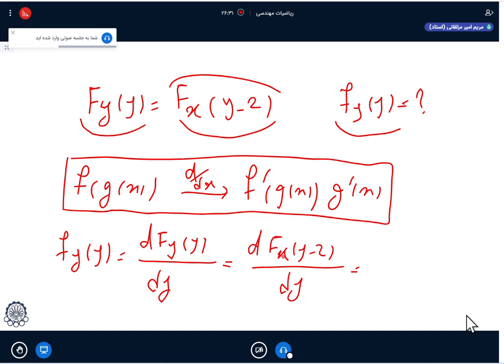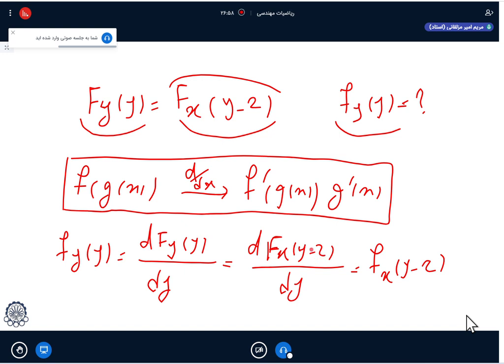According to this formula, it is equal to the derivative of the CDF of x, which is the PDF of x at y minus 2 times g prime, here the derivative of y minus 2.